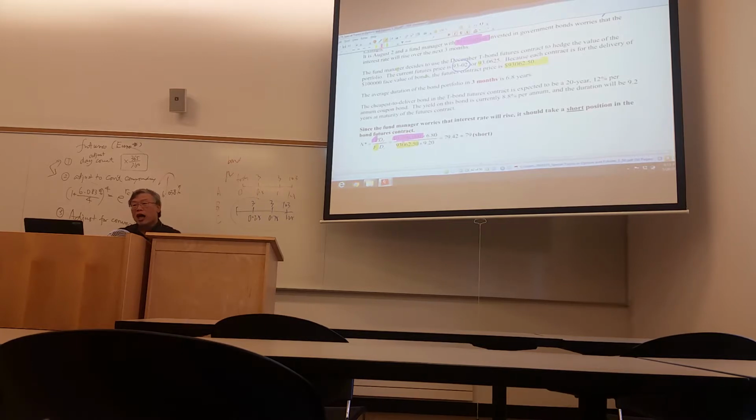Now the average duration of the bond portfolio in 3 months is 6.8 years. Again, it's not the duration today, and this is the duration 3 months from now. Suppose you know that.